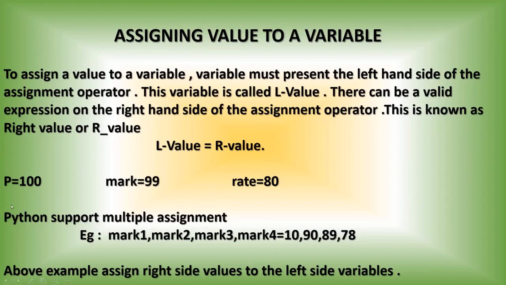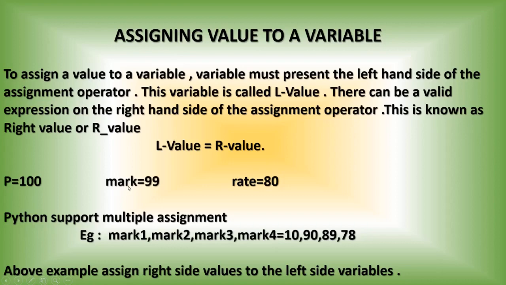See here, I can write p equal to 100, mark equal to 99, rate equal to 80. These are assigning values to a variable. To assign a value, the variable must be present on the left hand side of the assignment operator. This is known as the assignment operator.